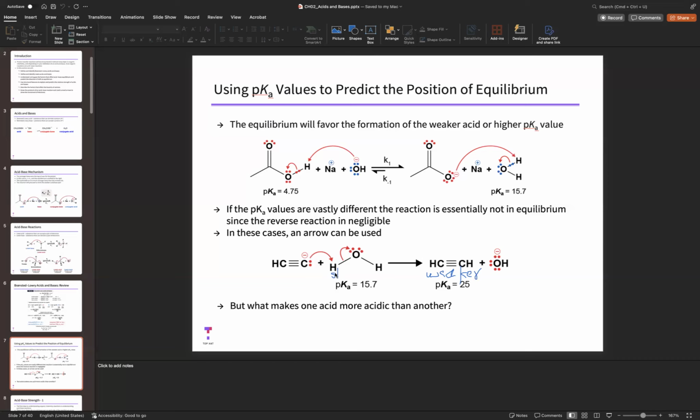Now remember, pKa values are always given for acids. There are no pKb values for acids. This is stronger and this is weaker.